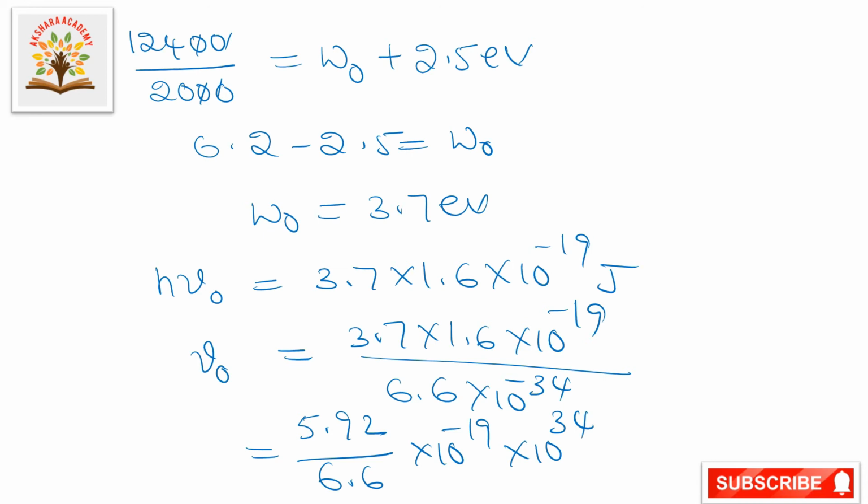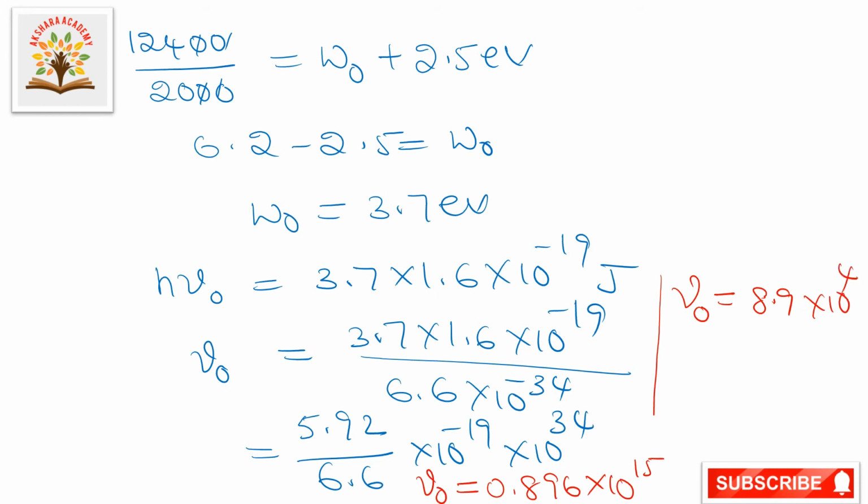After division we get threshold frequency nu naught equal to 0.896 into 10 to the power of 15 hertz, or approximately 9 into 10 to the power of 14 hertz. In terms of hertz, this is okay. And next we will go to the next question.